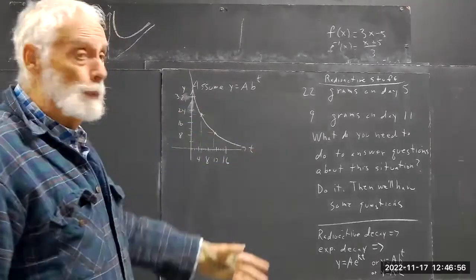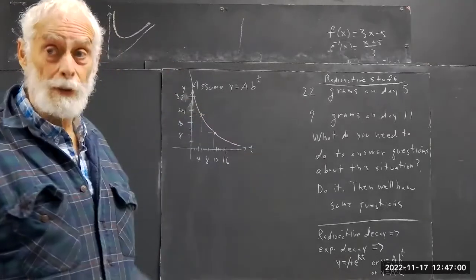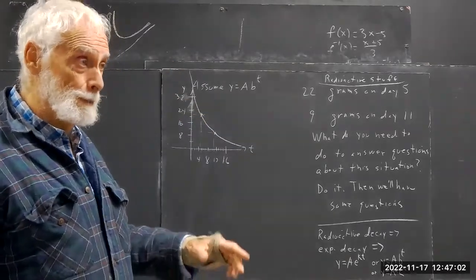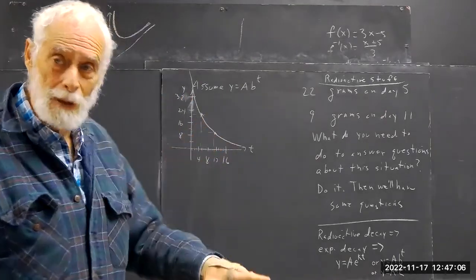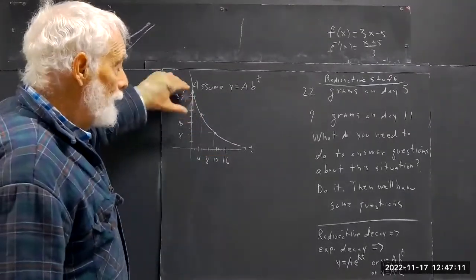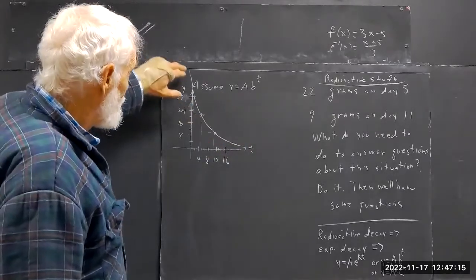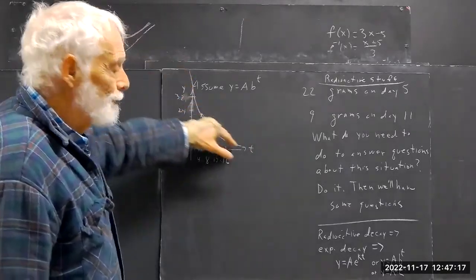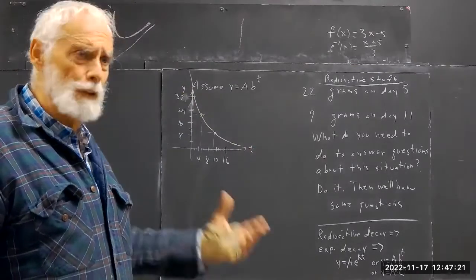So if I solve my equations and get something that isn't consistent with the picture that I have here, by not consistent, I mean not necessarily exactly the same, it's not going to be exactly the same. But if I get a model that isn't roughly represented by this curve, then I know that I did something wrong.